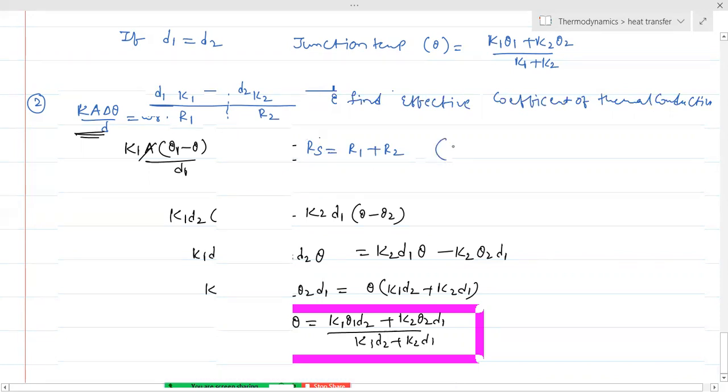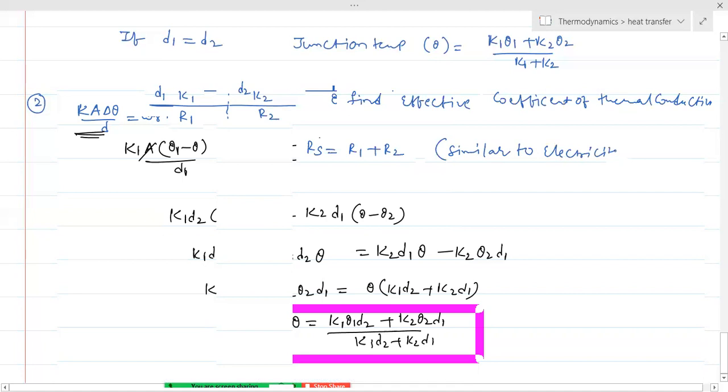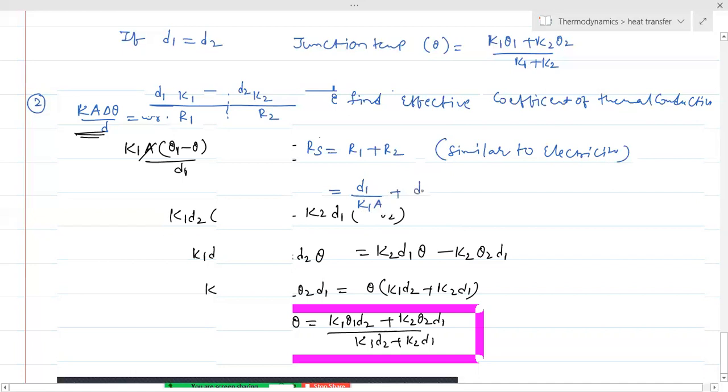So this is very similar to electricity. So R means D1 by K1A plus D2 by K2A.